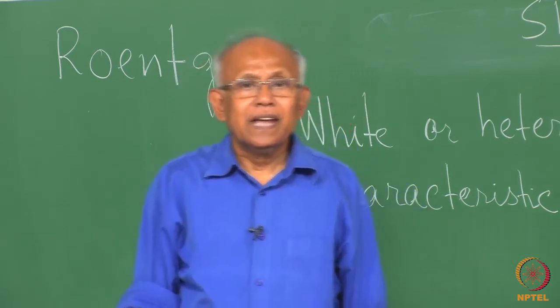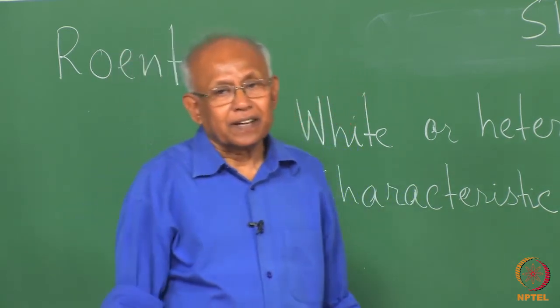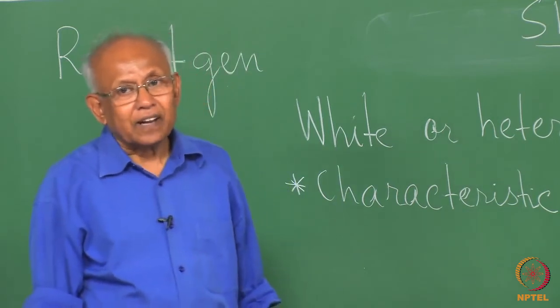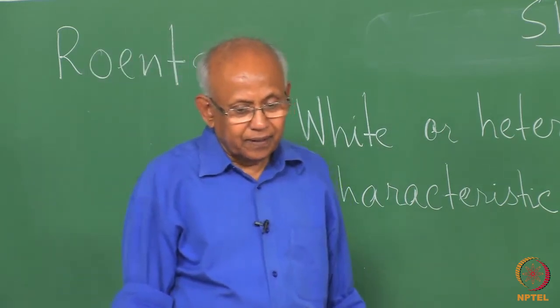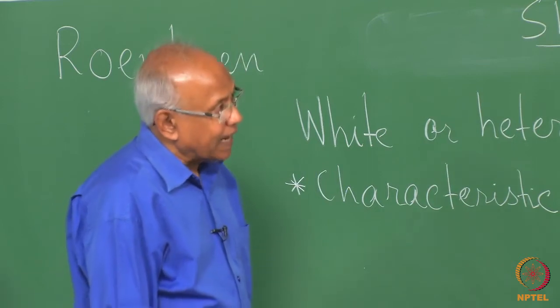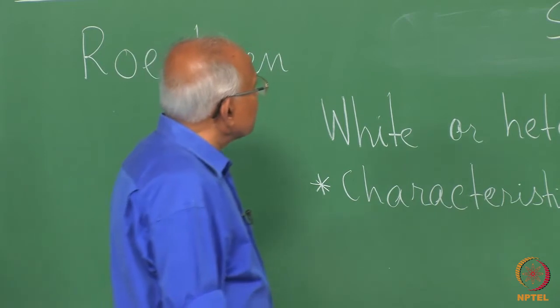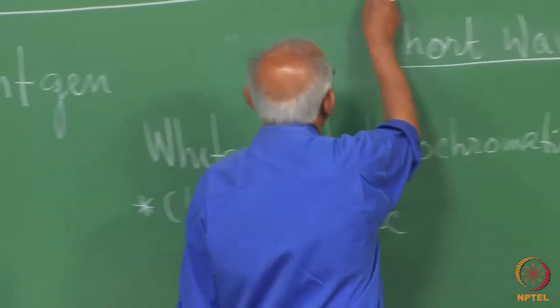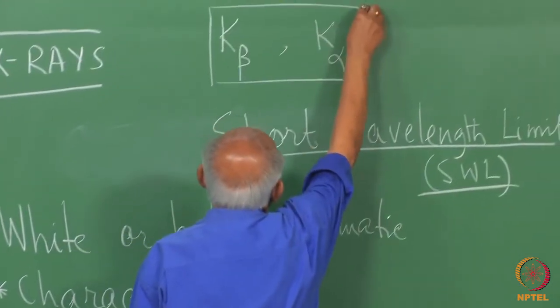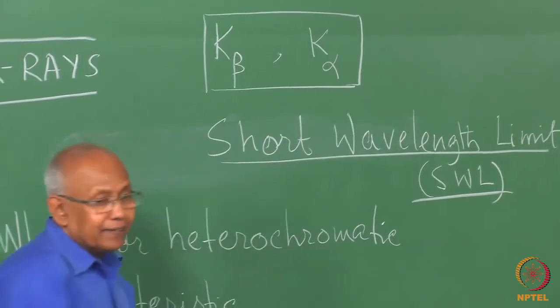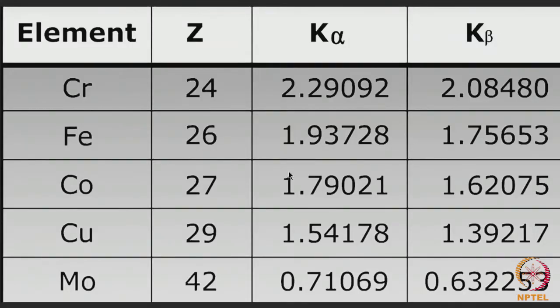Now, if we look at the characteristic radiations that are obtained due to the impact of the electrons with the target, we produce, as I already mentioned, two characteristic radiations like K beta and K alpha. Now, this table gives us an idea of the wavelength of the K alpha and K beta radiations for different target materials.